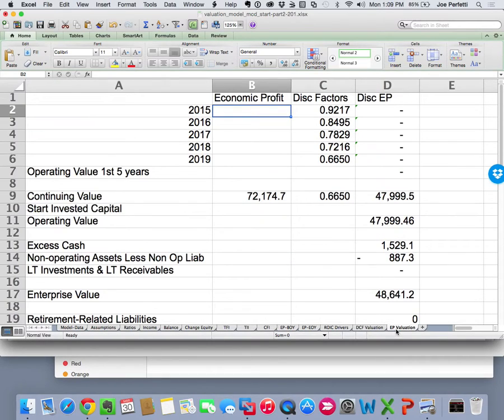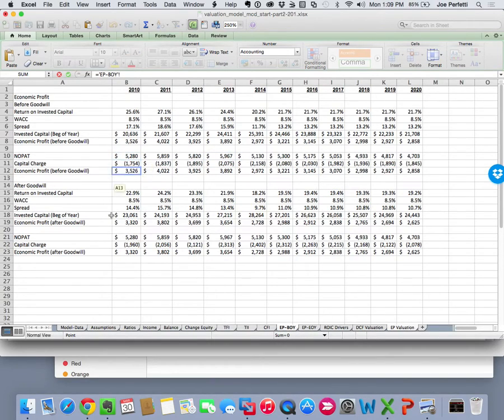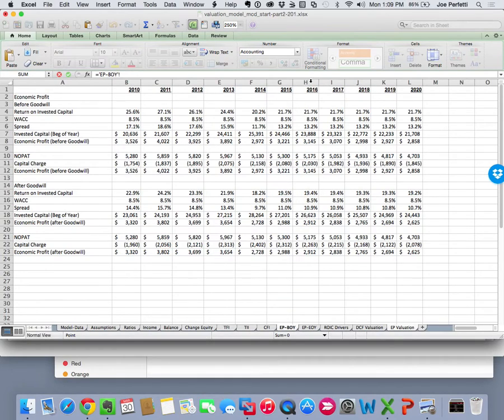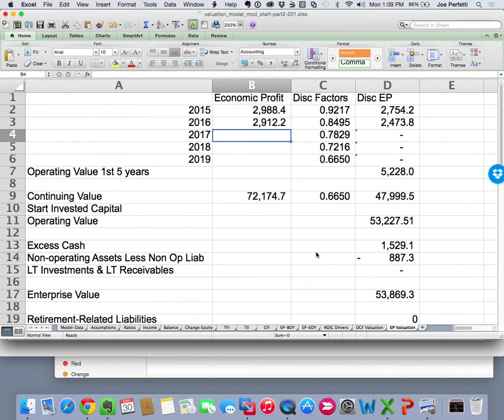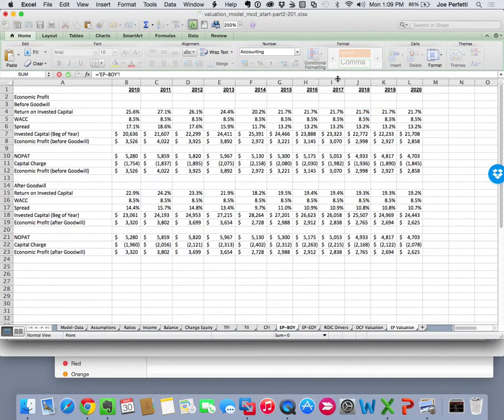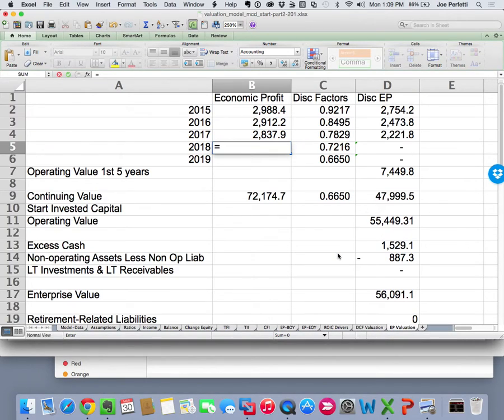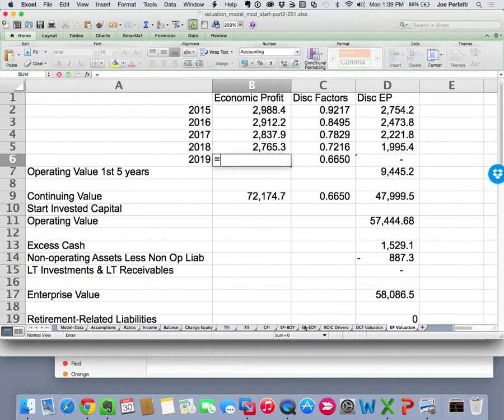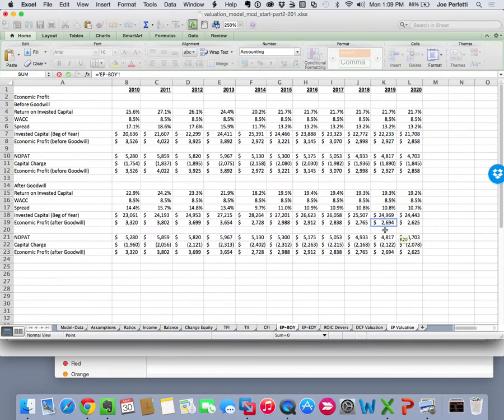So in our EP valuation for 2015 equals EP BOY, and we want to use the economic profit after goodwill. So that would be the 2015, so G23 off the BOY tab. 2016 off the BOY tab would be H23, economic profit forecast. 2017 is the I-23, 2018 J-23, 2019 K-23.